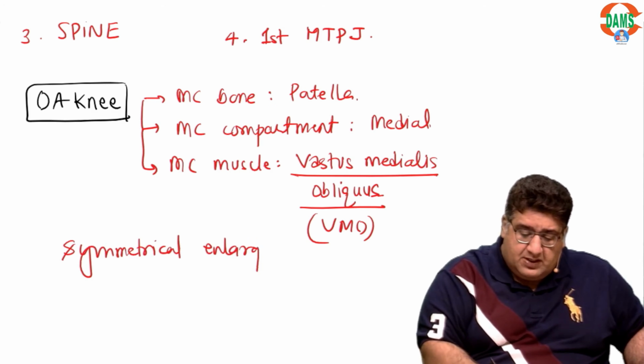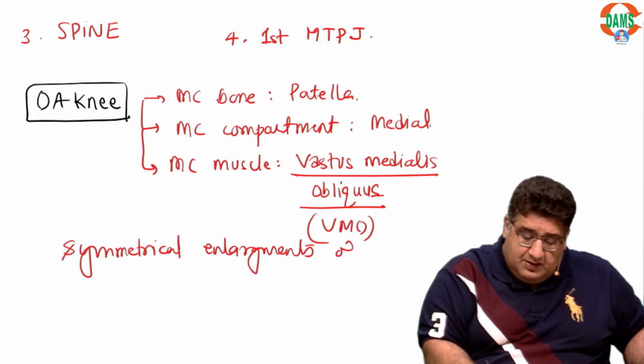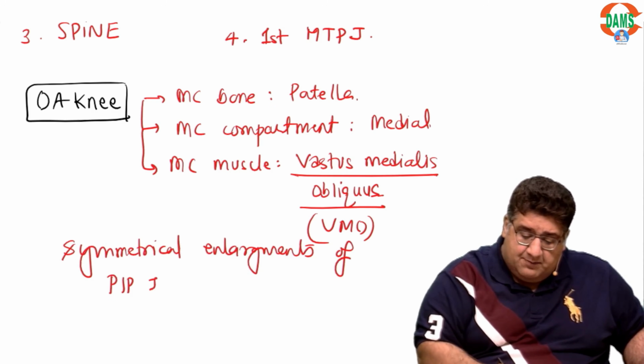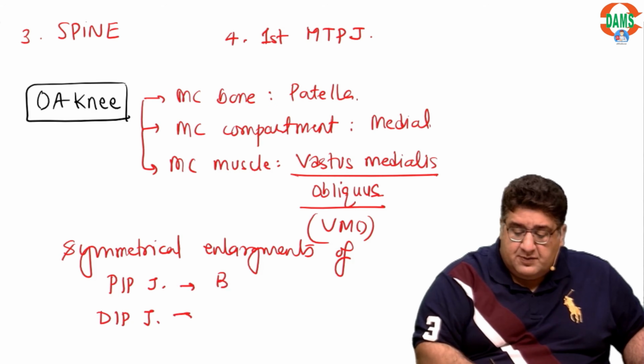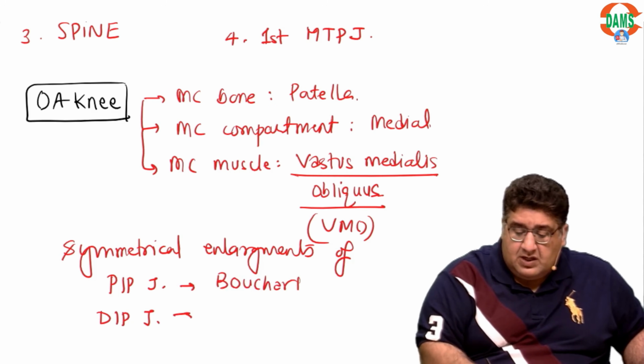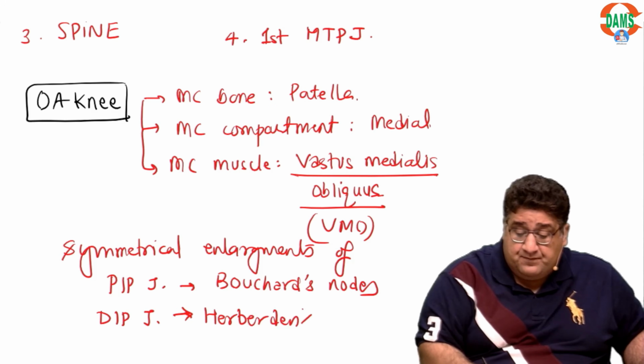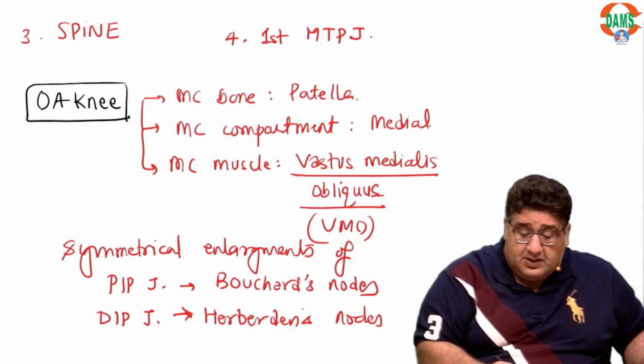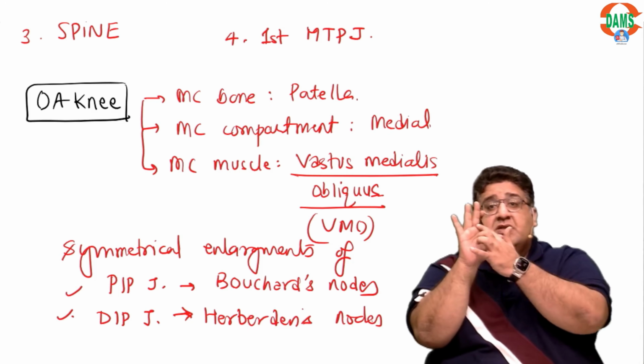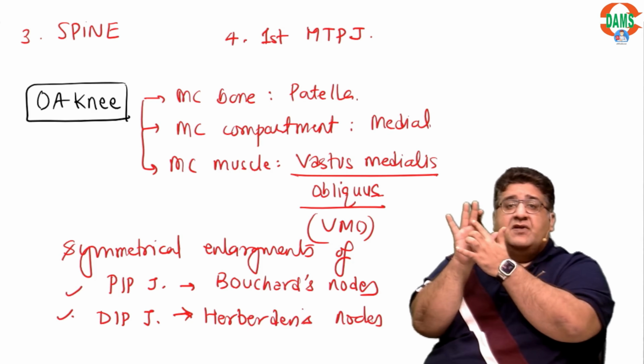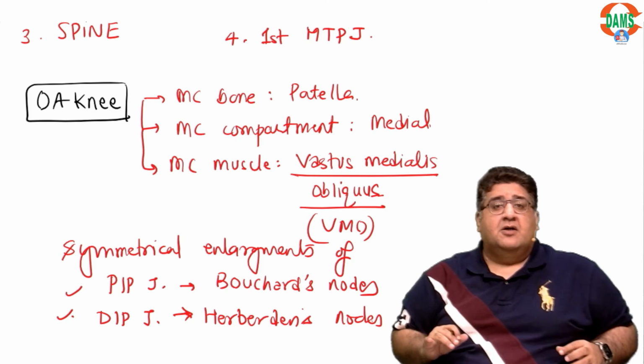These symmetrical enlargements in the PIP joint and in the DIP joint are basically what are called Bouchard nodes and Heberden's nodes. All right, so these are the two symmetrical enlargements. So if an elderly woman has a Bouchard node, this is basically her burden node.